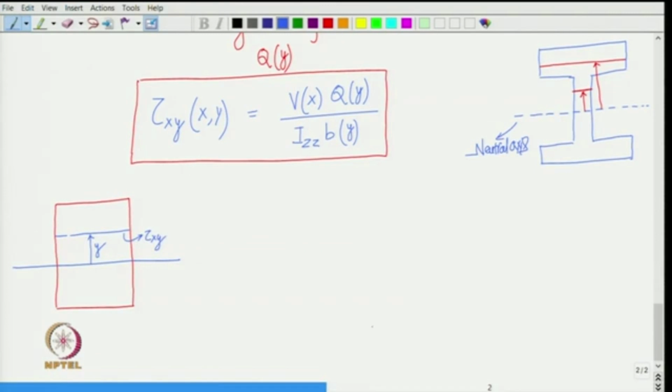You see, tau x y will be the same everywhere on this line, right, because it is not a function of z coordinate, it is only a function of y.